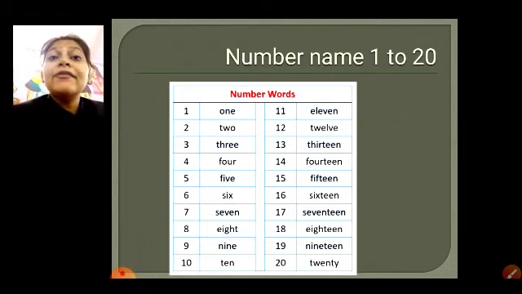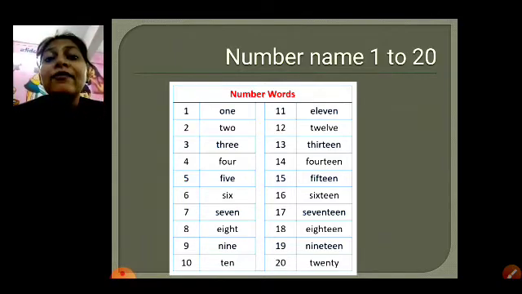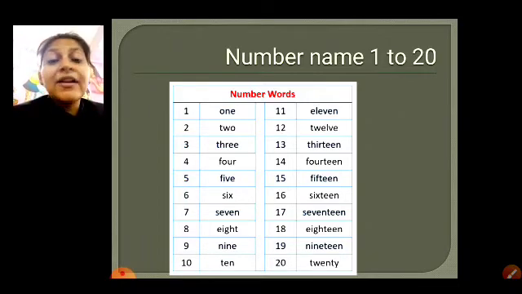FOURTEEN. Then after that 15. Remember this, some of you write it wrongly. It's FIFTEEN, right? Then 16, same way, 6 and teen: SIXTEEN. Then 17, 7 and teen: SEVENTEEN.